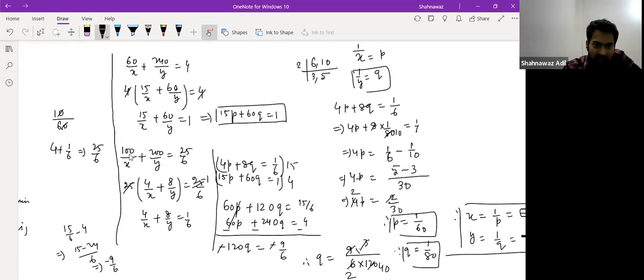So 100 by X, we wrote 100P, right? We changed 4 by X to 4P, and 8 by Y to 8Q. So we assumed 1 by Y to Q, 1 by X to P, right?